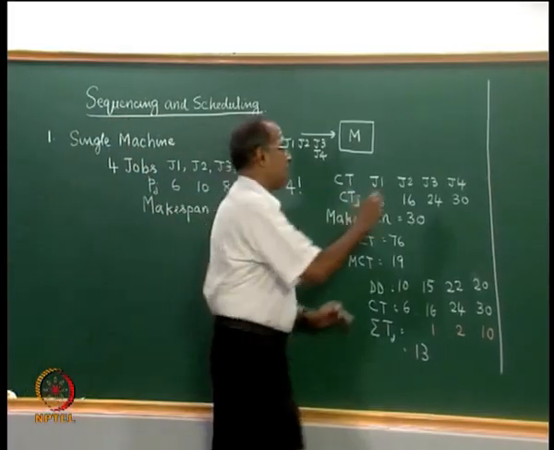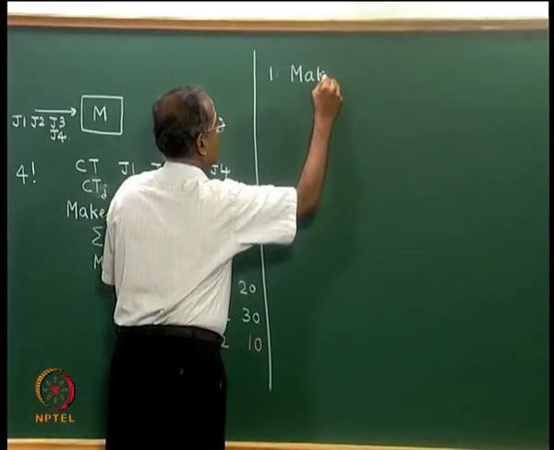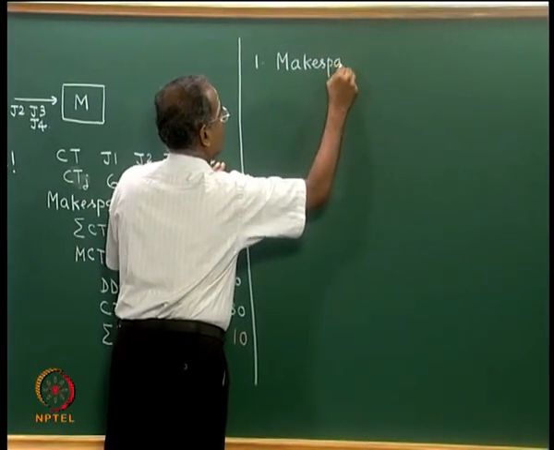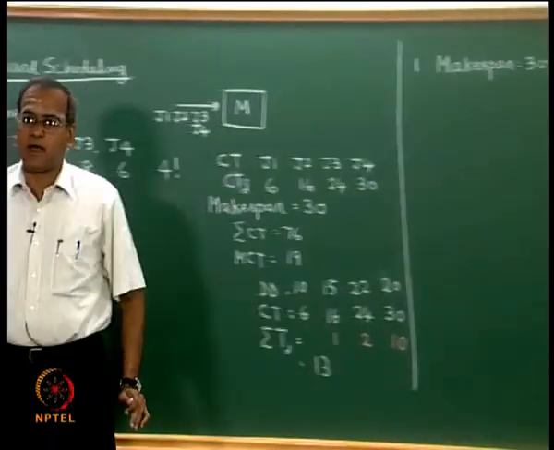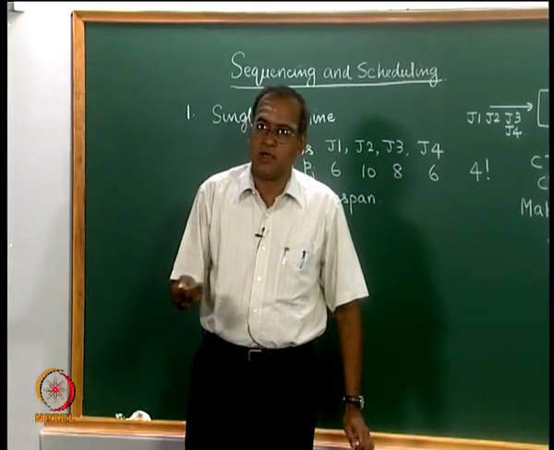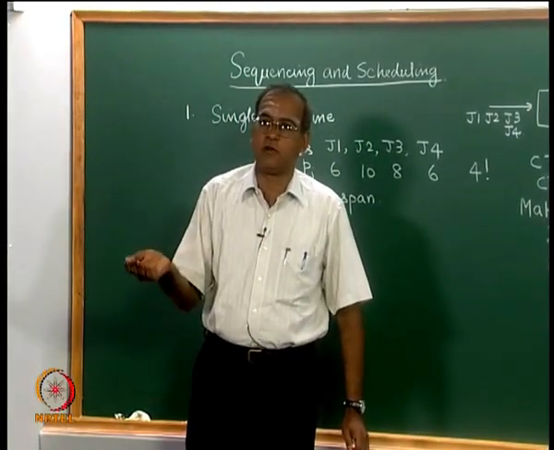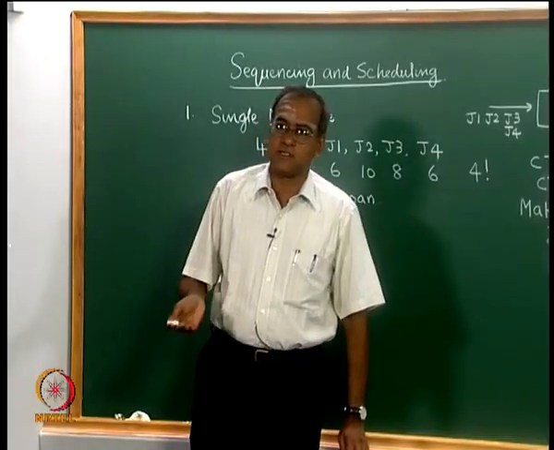So, makespan is equal to 30. Minimizing makespan on a single machine is not a very difficult optimization problem. Any one of the n factorial sequences gives us the same makespan, which is equal to the sum of the processing times.